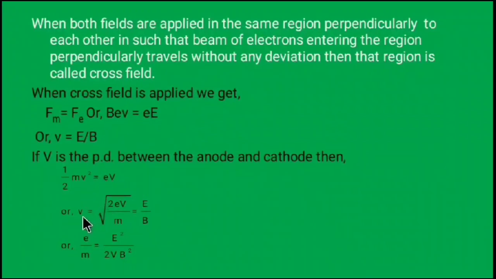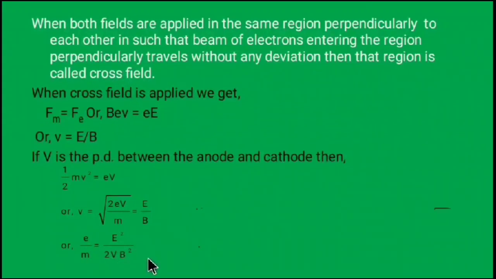Simplifying, we get v = root of 2eV/m. Using the above equation, we can write root of 2eV/m = E/B, or we get e/m = E squared/(2V B squared).